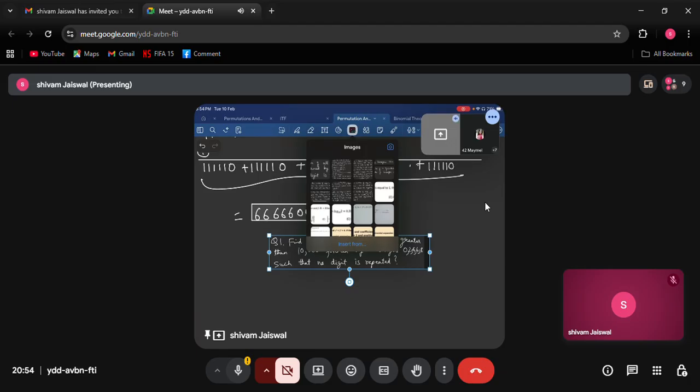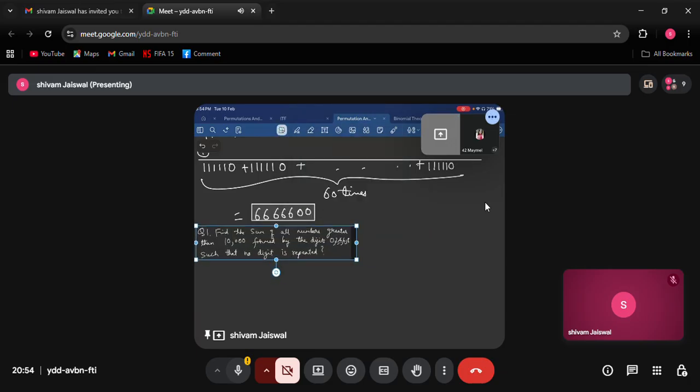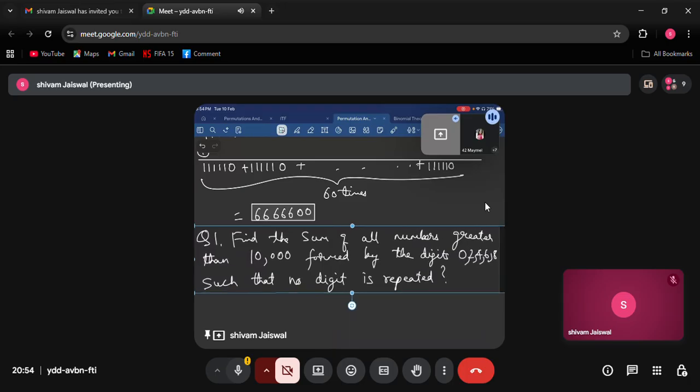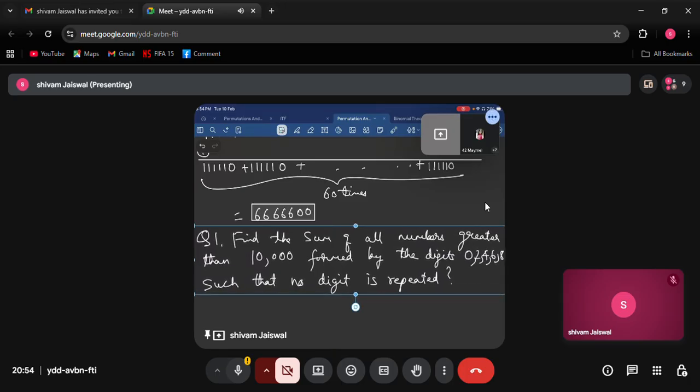Okay, start solving. Okay, you can give the answer in terms of expression also. No need to simplify completely. Okay, solve. Once you've done it, send quickly.